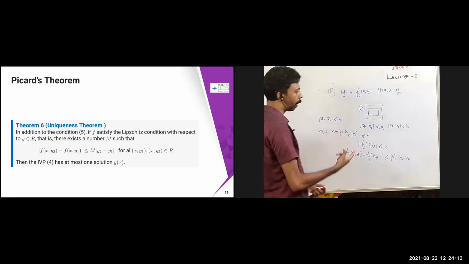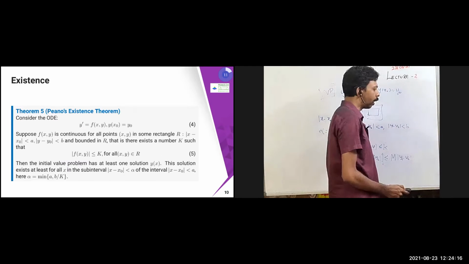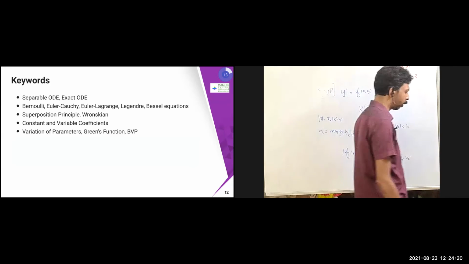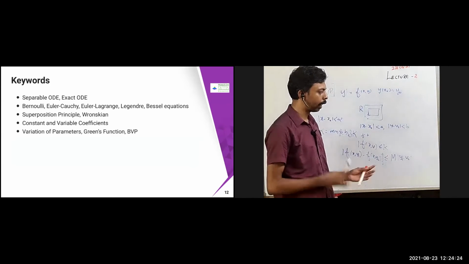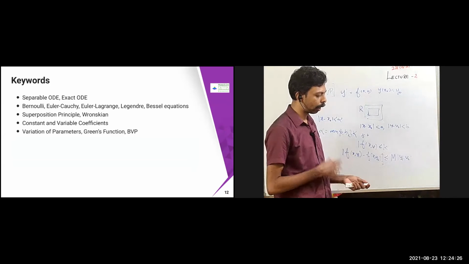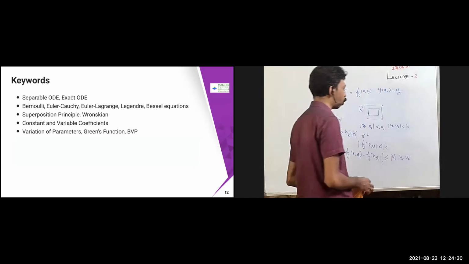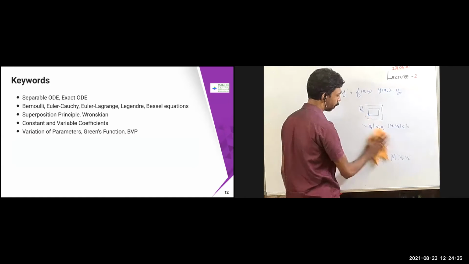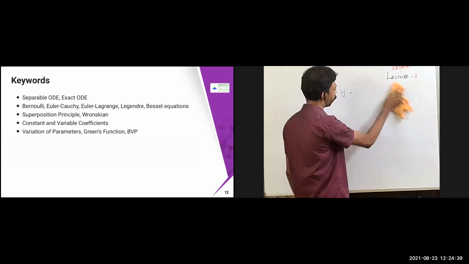Okay, so the previous theorem talks about the existence. This theorem talks about the uniqueness. You might have studied these kinds of keywords in the ODE course. For example, separable ODE, exact ODE, Bernoulli equation, Euler-Cauchy equation, Euler-Lagrange equation, Legendre equation, Bessel equations, and superposition principles.